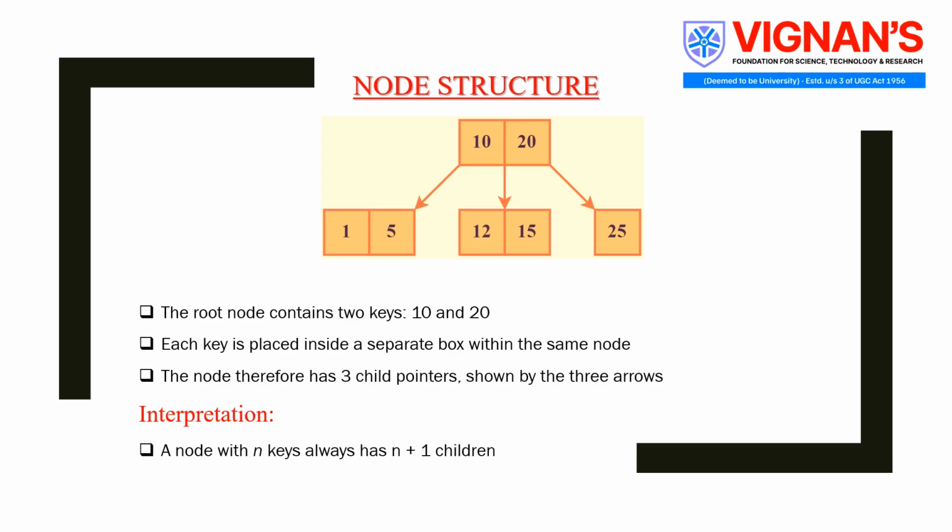That is why the root node has three child pointers, which are shown by the three arrows leading to the child nodes. This demonstrates an important rule in M-way search trees. Whenever a node has n keys, it will always have n+1 children. This structural property helps the tree split data efficiently and maintain proper ordering across all subtrees.